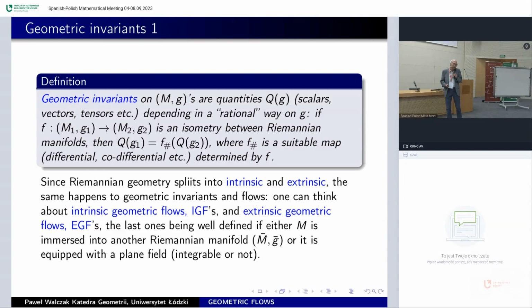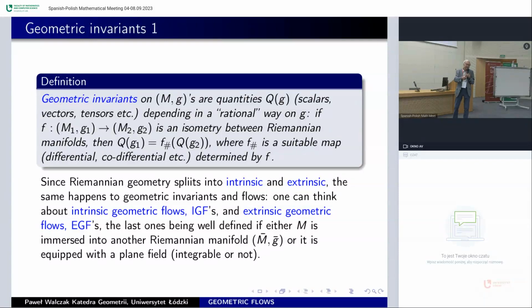As you know from probably the time of our studies at the university, differential geometry of surfaces splits into intrinsic and extrinsic. The same happens to Riemannian geometry. In the case of surfaces, let's say surfaces in R^3, intrinsic geometry arises from the first fundamental form.